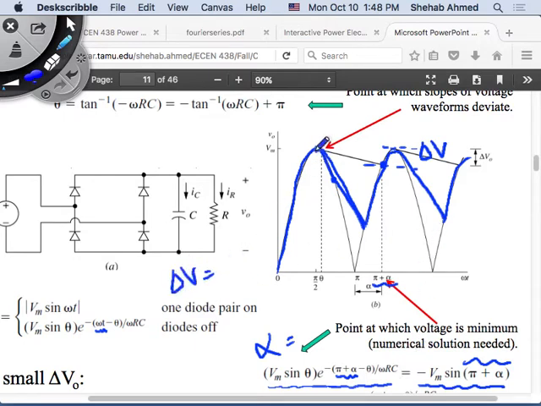Delta V would be Vmax minus, exactly, minus Vmax sine pi plus alpha, because you would like to find the value of the sine wave at this point here. You have your sine wave, actually Vmax plus, right?